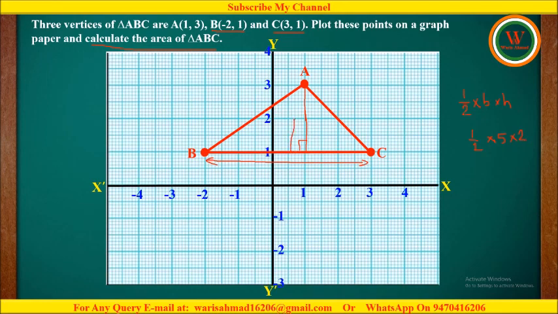From here to here it is 1 unit and from here to here it is 2 units. So the height of this triangle is 2 units. Now 2 and 2 both will cancel. Finally we will have 5 square units. The area of this triangle ABC will be equal to 5 square units. So this is the solution of this question.